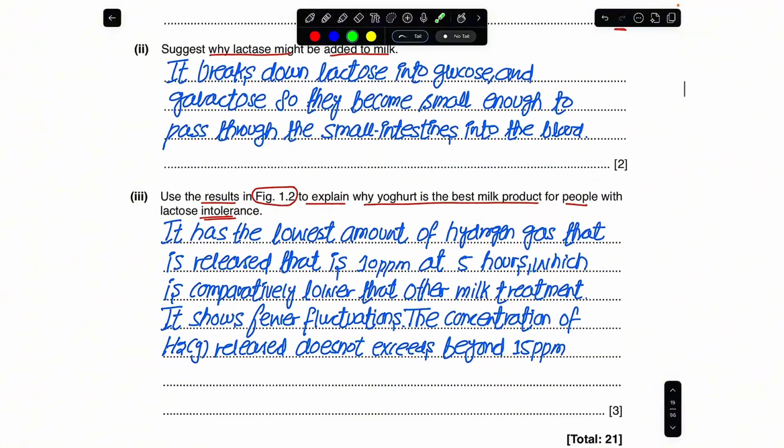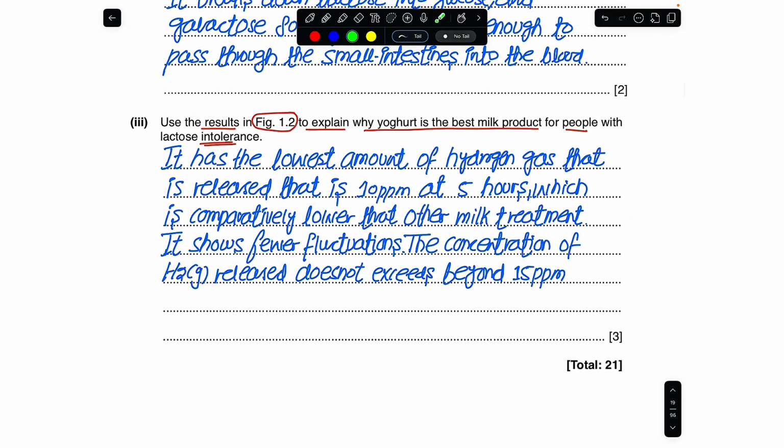So the answer would look like this: we have the lowest amount of hydrogen gas being released, and then we quote that this was 10 parts per million at 5 hours, and compared to the other milk treatment groups, this was the lowest.